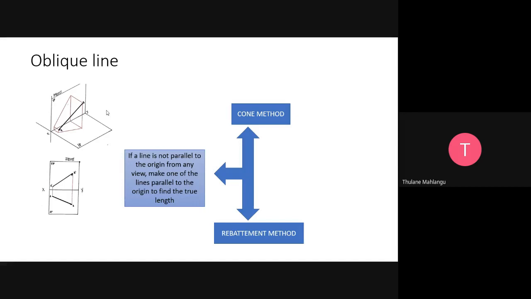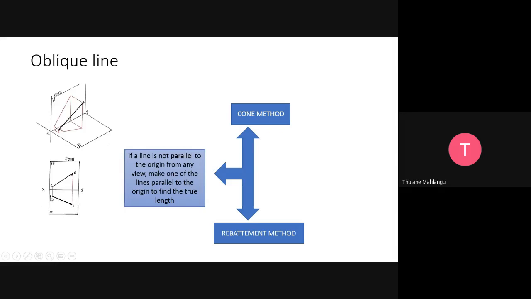I understand this statement applies to the cone method, because looking at the orthographic drawing there, the line from the front view is not parallel to the origin, and also from the top view is not parallel to the origin. So the rule says make one of the lines parallel to the origin.